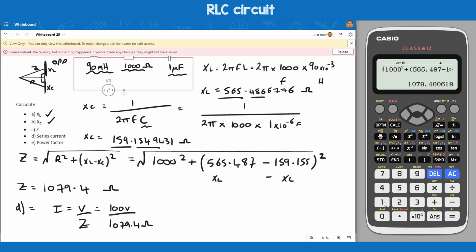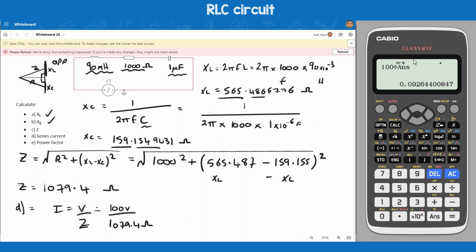So I just type in the calculator 100 divided by that last answer of 1079.4. That gives us a current, actually comes out as 0.0926, or to 3 decimal places 0.093 amps.